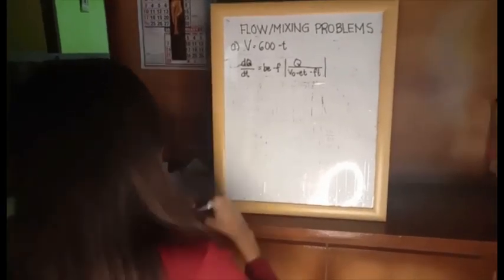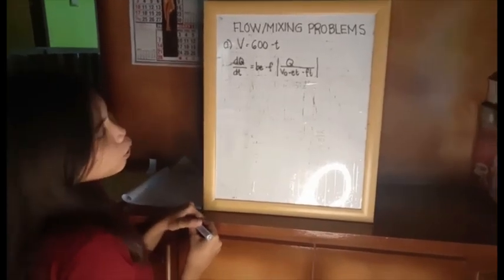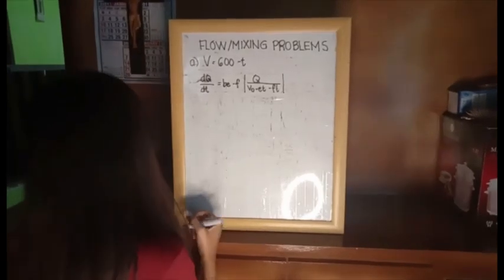So dQ/dt is equal to BE minus F times Q over V₀ plus Et minus Ft.